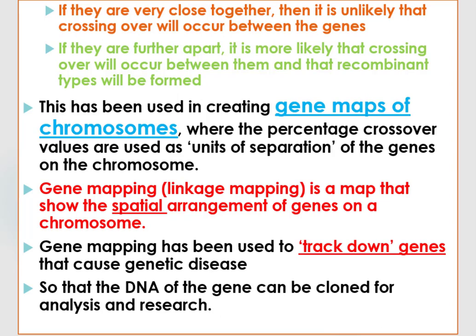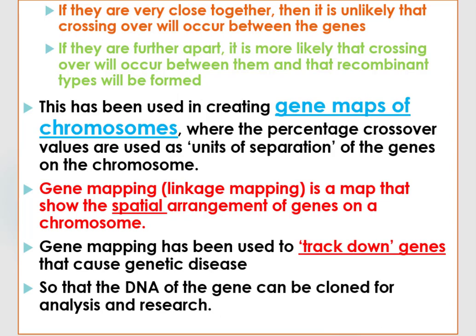If they are farther apart, it is more likely that crossing over will occur between them and that recombinant types will be formed. This has been used in creating gene maps of chromosomes, where the percentage of crossover values are used as a unit of separation of the genes on a chromosome.